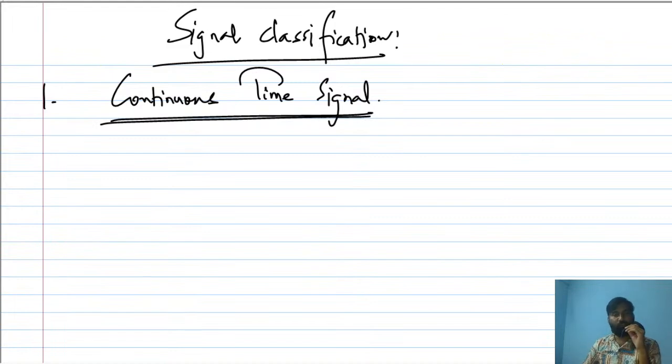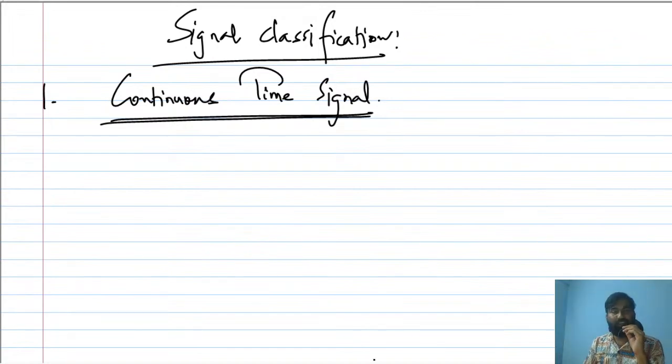I think everybody knows from mathematics. You put your pen on paper and move it without lifting the pen while plotting the graph, that is continuous. It is a continuous time signal, continuous with respect to time.